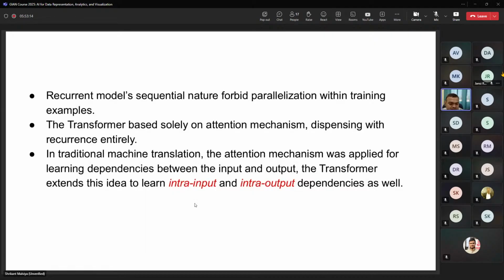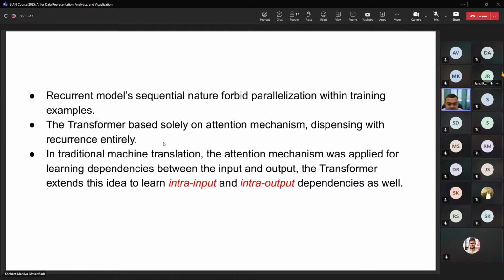So in summary, what we have observed from the earlier slides is that the recurrent model's sequential nature forbids parallelization, because it has to process each and every term in the sequence one by one to generate the output, and it takes a sequential amount of time, which means a very long time for generating a sequence in this way.